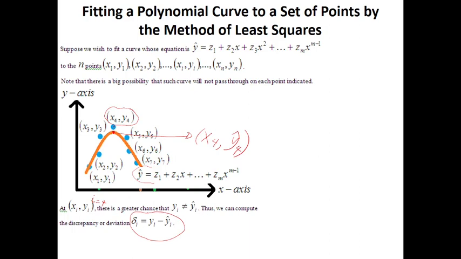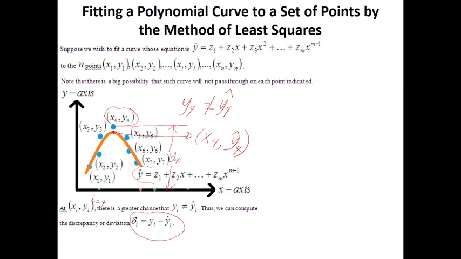As stated here, there is a greater chance that y sub i is not equal to y sub i hat. This is the example that y sub i is not equal to y sub i hat for i equals 4. So y sub 4 is not equal to y sub 4 hat, because this is from the x-axis above it until reaching x sub 4, y sub 4. This is the distance y sub 4.